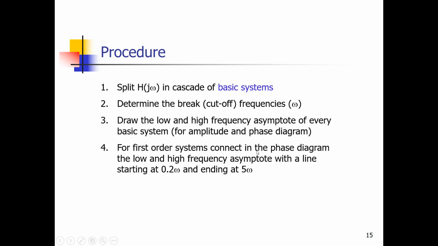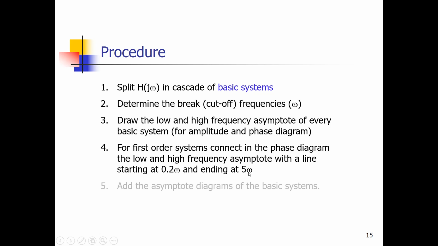For the phase diagram, we know what the phase will be at the cutoff frequency, at the crossover frequency, and then we can draw the complete phase plot by starting the phase plot at a frequency of omega divided by 5 or multiplied with 0.2, and it ends up at 5 times the crossover frequency, and then we can connect that to the phase behavior for low frequencies and high frequencies.